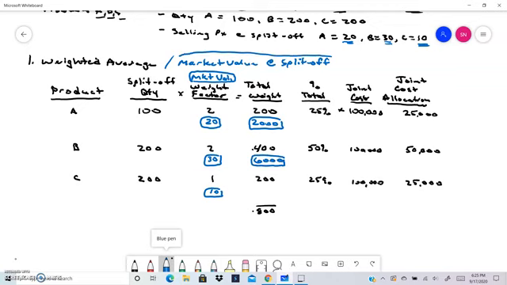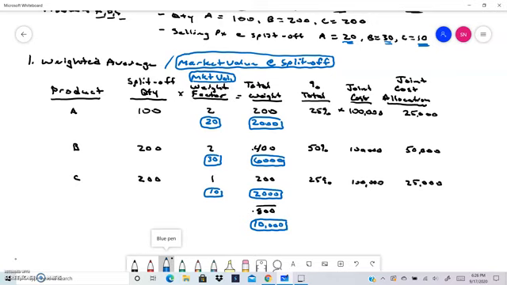Actually, let me circle this because all our numbers that we're circling relate to the market value method. And here, 200 units times $10 would be 2,000. Okay. And if we add those up, we get 10,000. Nice round number. It's almost as if I made these numbers up myself.